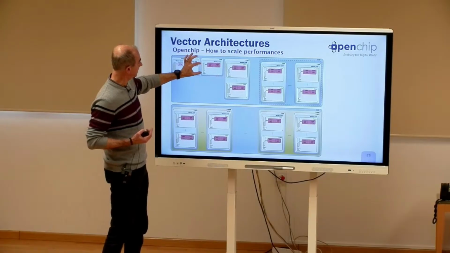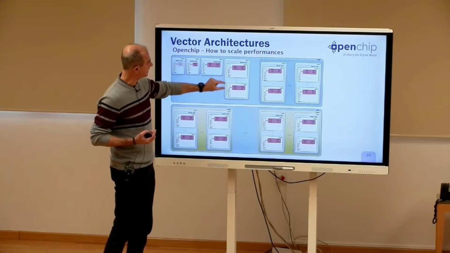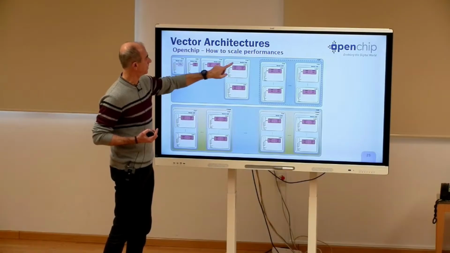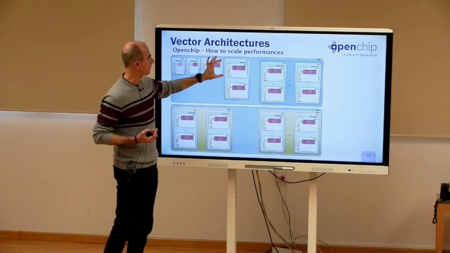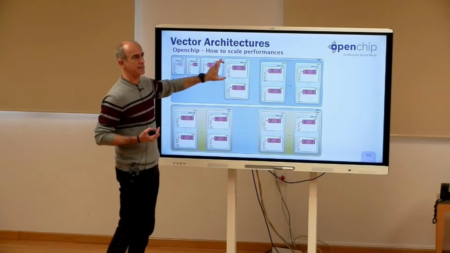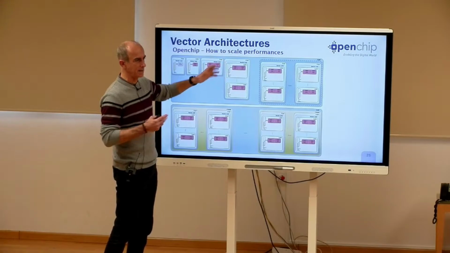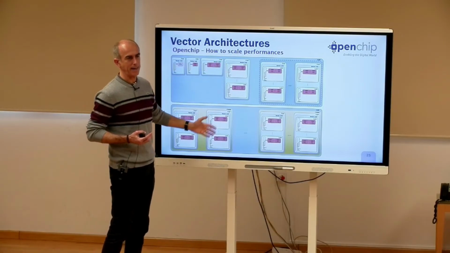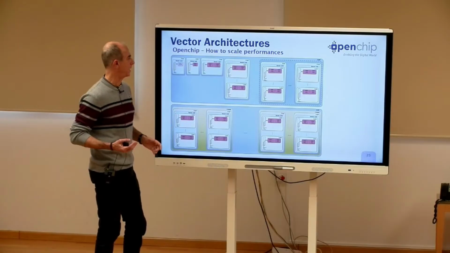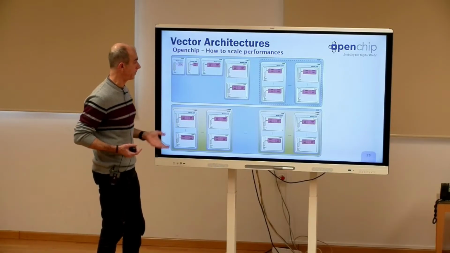You can split this vector in pieces and make autonomous lanes which can handle the entire operation on vectors. If you want to increase the size of the register, you just include more lanes and you can increase the power of your chip as much as you can.